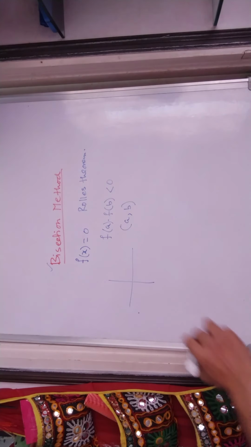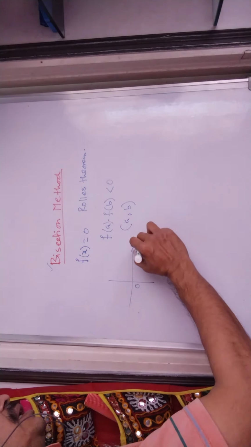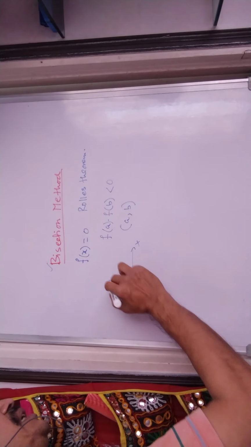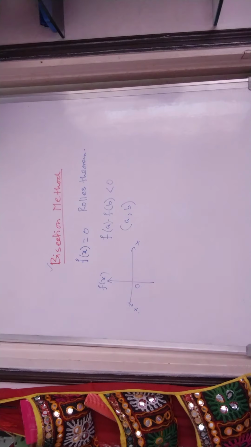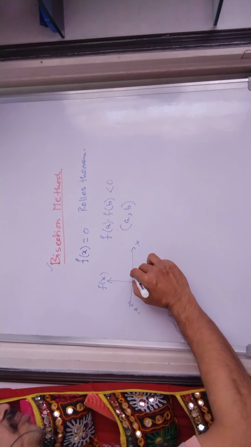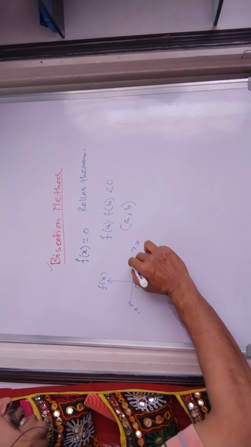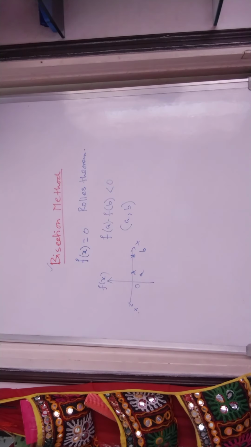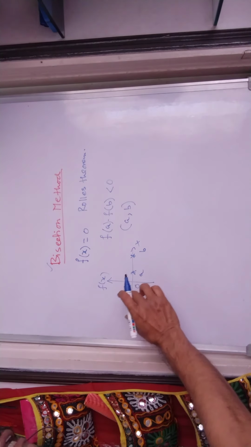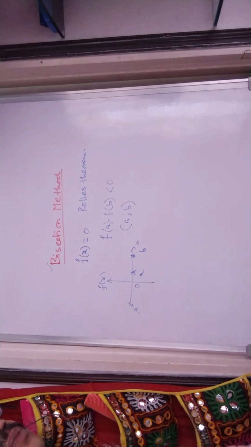So if we draw the picture of f(x) plotted against x, and if we point out the a point here and the b point here, we have assumed both a and b as positive. It may so happen that a and b both are negative, or one is negative, another is positive. It's immaterial.